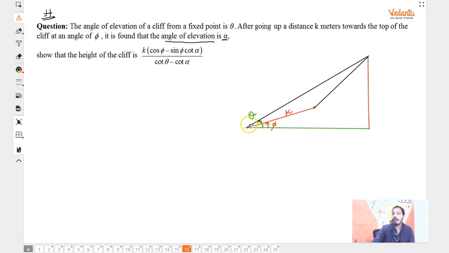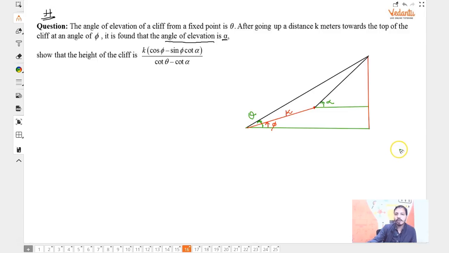Now, how will you calculate this alpha? This is very important. You have to draw a line which is parallel to the ground, or else you cannot show alpha. So now this angle is alpha. Got it, guys? So this is the complete diagram.